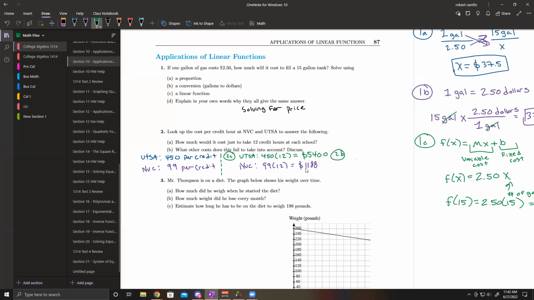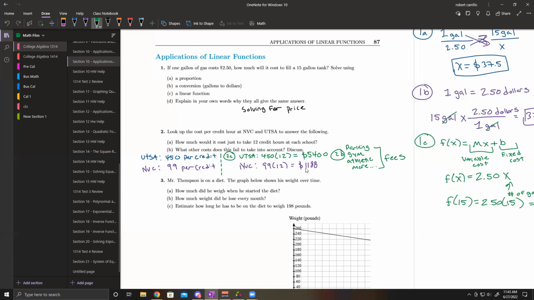UTSA has parking fees, has the gym fee. You now pay for the football team fee and more, right? So these are all fees, and the list keeps going. Who knows what other fees you pay at UTSA?